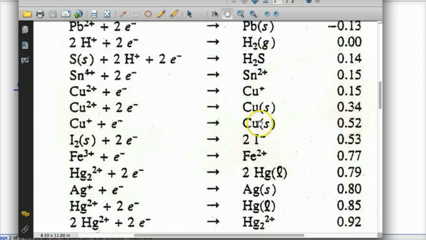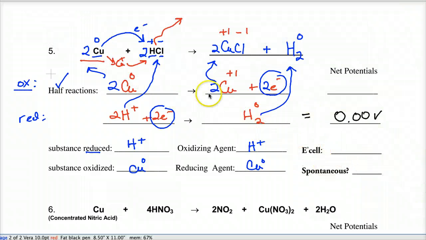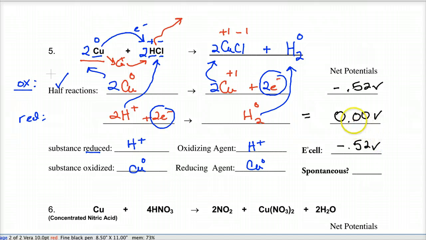This is positive 0.52 as copper +1 gains an electron, but it'll be negative 0.52 as it goes in the reverse. Very easy math here. Essentially what we just did is attach it to the half cell, and it would of course just be equal to its net potential, but obviously it is not spontaneous, which means copper does not react with hydrochloric acid to make hydrogen.